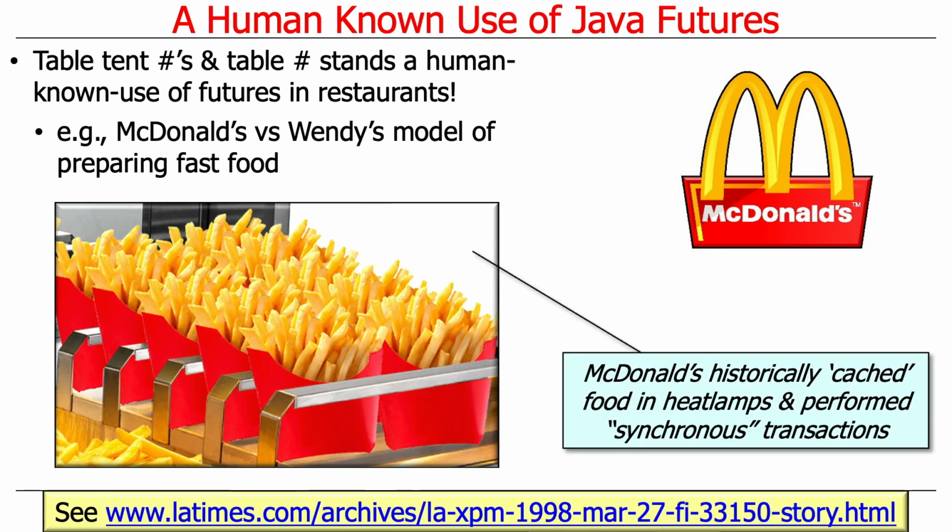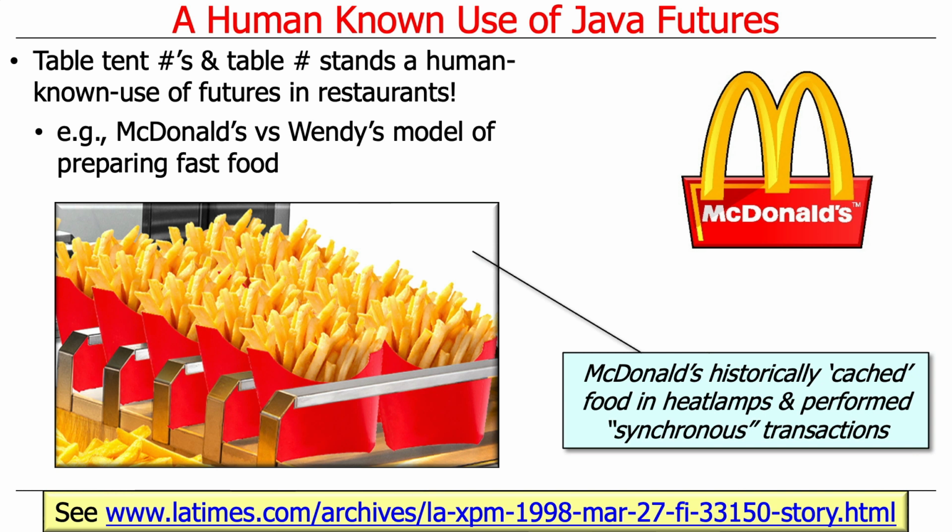So historically, McDonald's would pre-cook a bunch of food, like Big Macs and French fries and little cups full of soda and so on, and they would cache that pre-created food content. So you would have something like French fries under a heat lamp, which would stay warm.